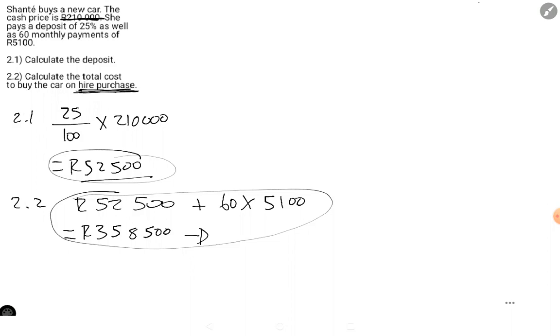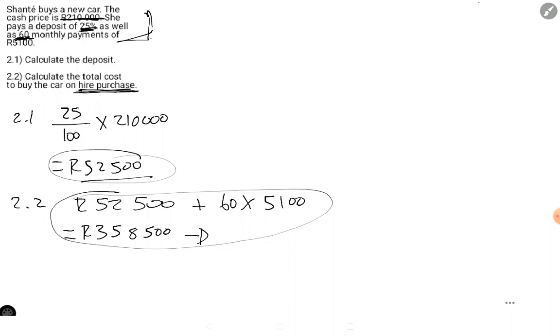But here, the percentage that's given is how much you're going to put down. Do you see that? And the period that's given is not a number of years, but a number of monthly payments. So here, you don't really need to know a formula. But if you are given a number of years and the rate, the percentage on the interest, then you would use the simple interest formula. But here you're just given information, and if you're just given information, then you use the information as is.